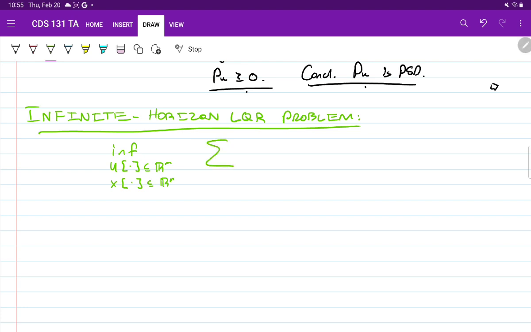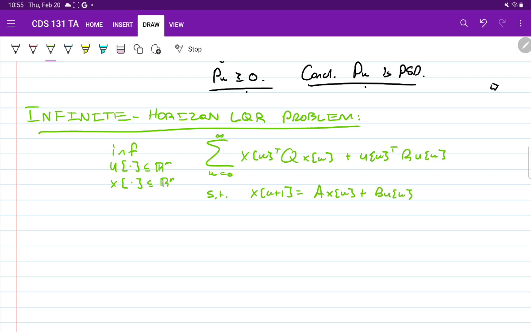What this leaves us with is the sum going from k equals 0 up until infinity of x_k transpose Q x_k plus u_k transpose R u_k. It's going to be subject to our favorite conditions: x at time k plus 1 is equal to A x at time k plus B u at time k.